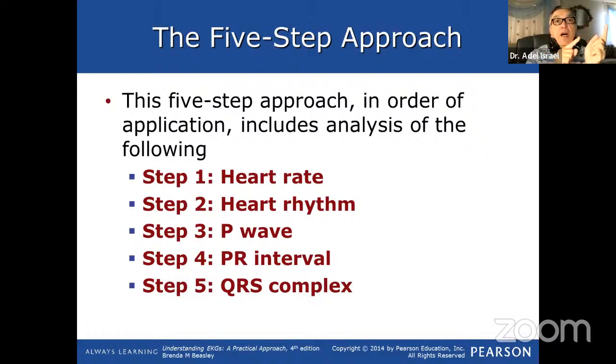So the R to R distance is constant or almost constant. The keyword for regular or irregular is the R to R distance. If it is fixed or almost fixed, I will say that this heart rate is regular. If it varies, coming closer, coming faster, it will be irregular. Are you following? Any question?